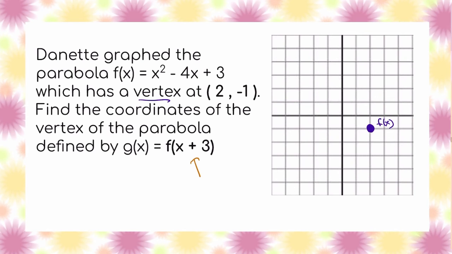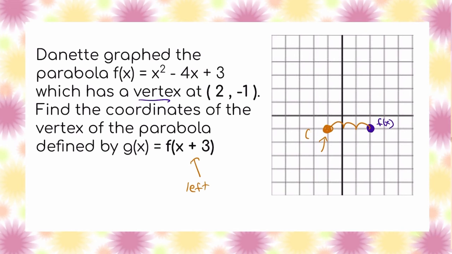Do you remember, if I have a plus 3 inside parentheses, is that going to be to the right or to the left? Remember, plus is left. So I go 1, 2, 3 to the left, and that would be for g of x.